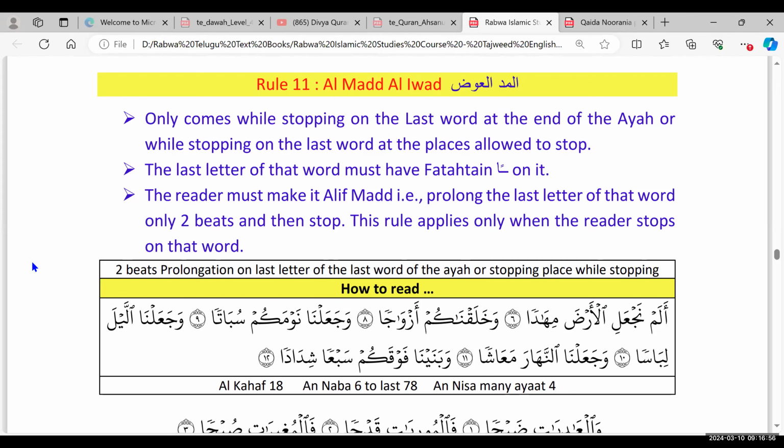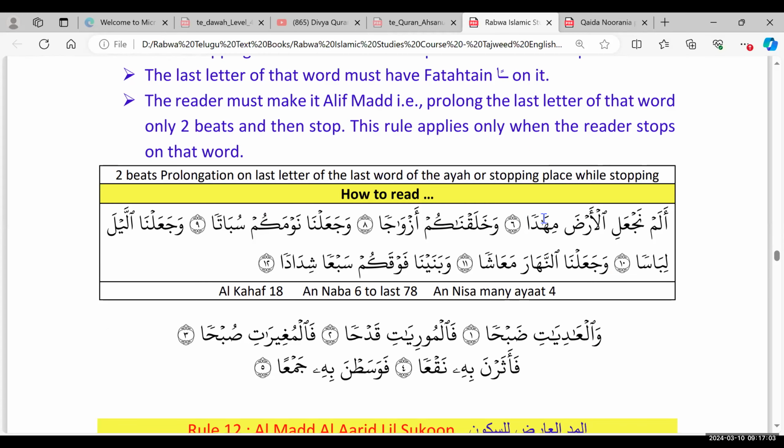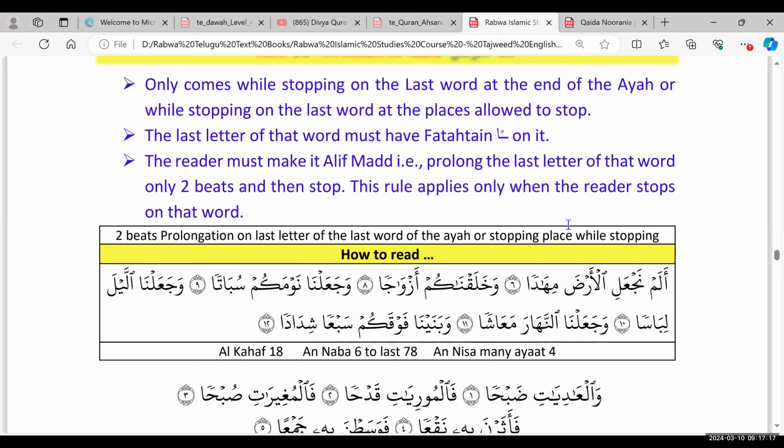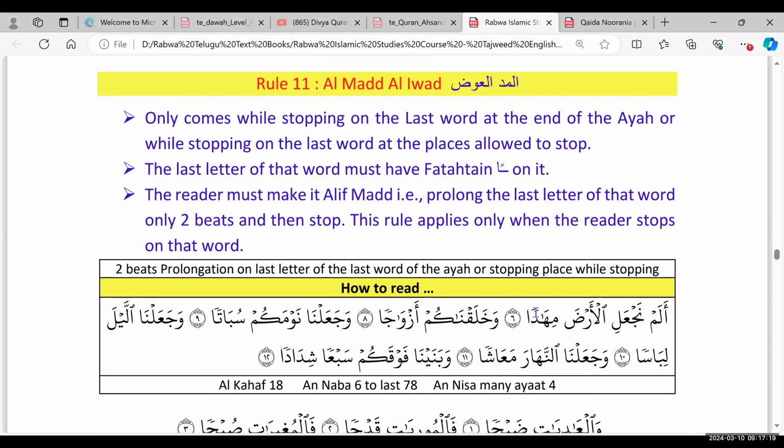So how do we do this? The last letter of that ayah where you are going to stop must have fathatain on it. Without fathatain on the last letter of the ayah, Madal Iwad never comes. So the first foremost condition is that the letter where you stop must have fathatain. Then, to stop, it has to be converted into alif mad.